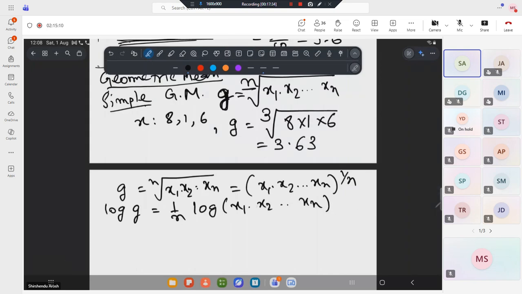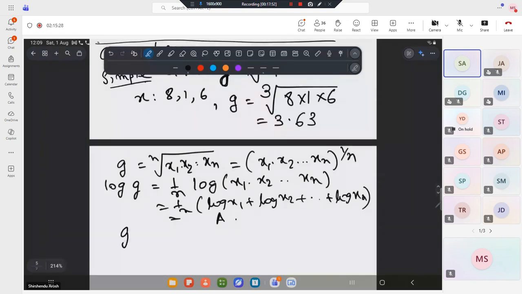The log of a product is nothing but the log of x1 plus the log of x2. So we are trying to turn computationally heavy concepts into computationally easy ones. If I get some number a, you can take the antilog, or if it is base 10, take 10 to the power a. Eventually this will give me the final answer. It is also one way to find it in this case.